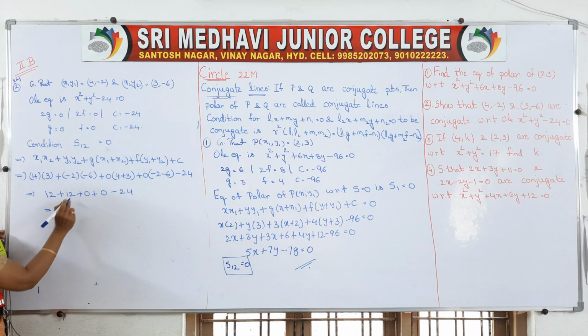So it is 12 plus 12, 24 minus 24 is equal to 0.